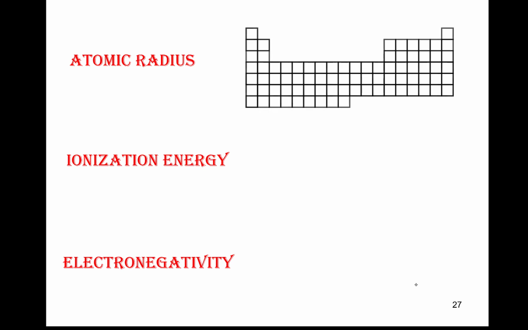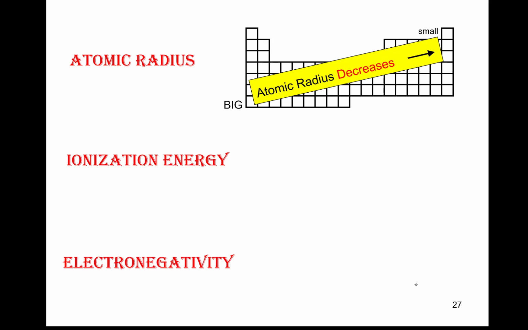All right, last slide. Let's go over those trends again. Atomic radius. As you go up and to the right of the periodic table, the atomic radius will decrease, right? So your biggest atomic radius is down here. The smallest is up there. We did talk about ionic radius as a trend. However, it varies as you go across the period.